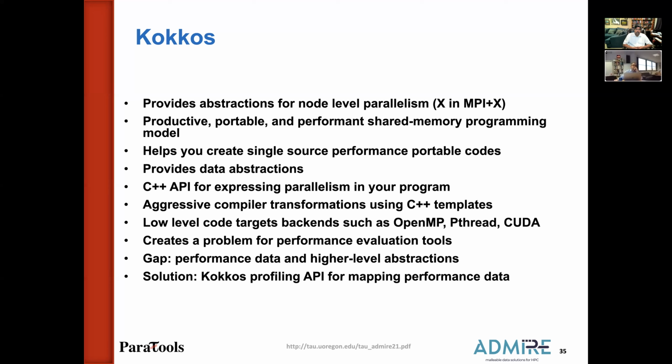Now, using aggressive compiler transformations, it takes these C++ lambda functions that represent the parallelism in your code, and then it transforms these to use the backend. The backend could be CUDA, it could be ROCm, it could be SYCL for Intel GPUs, it could be OpenMP or pthread.